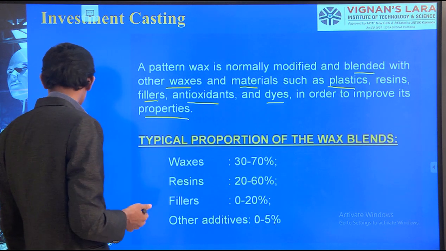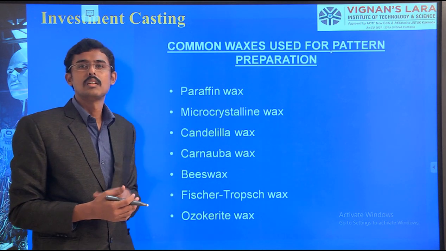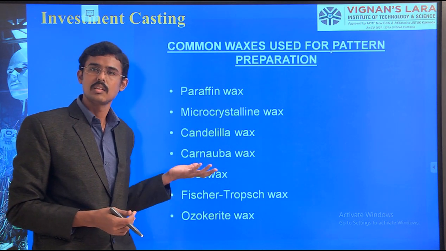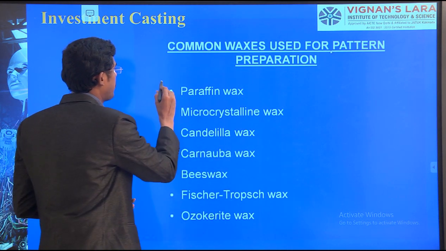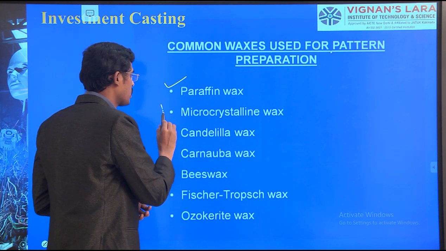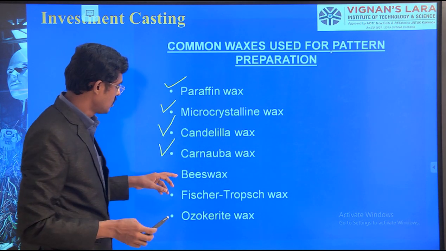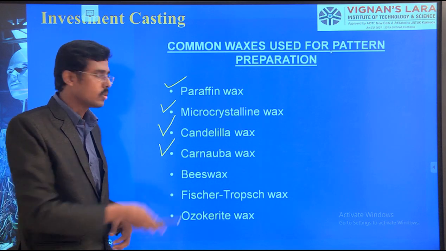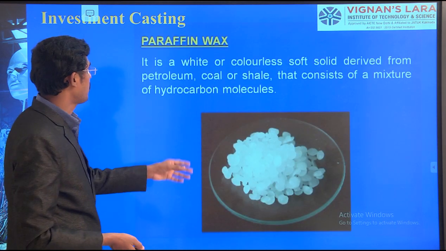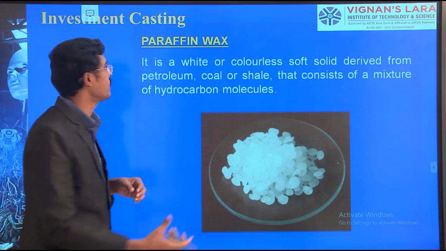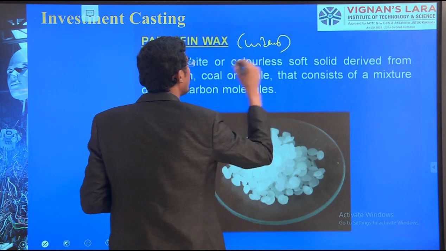There are various wax types in the industry that we use for the investment casting process. They are paraffin waxes, microcrystalline waxes, candelilla waxes, carnauba waxes. So we can list out the various waxes. Number one, paraffin wax, is the widely used one.